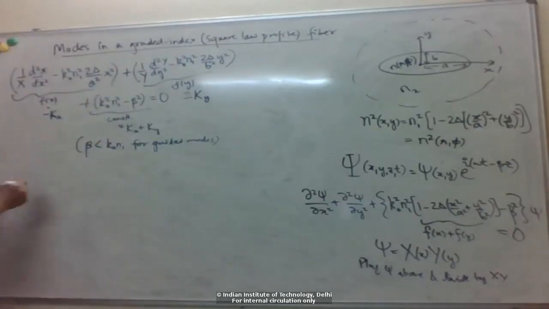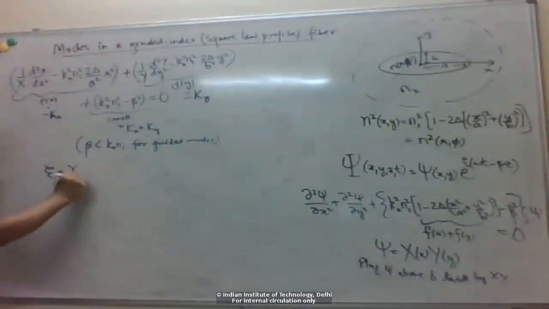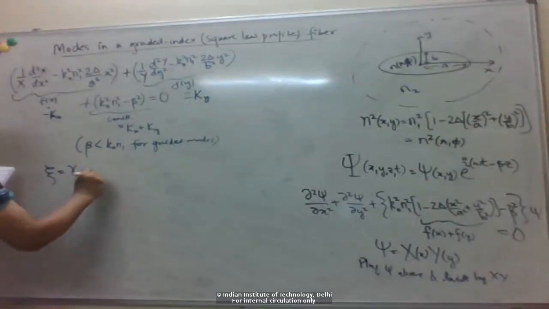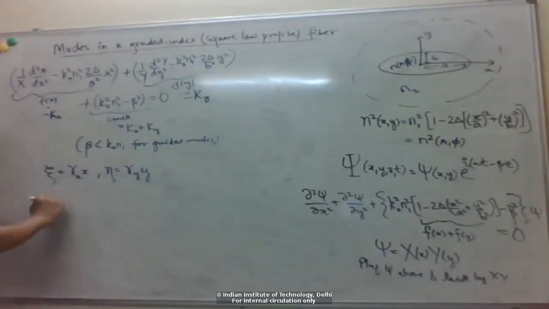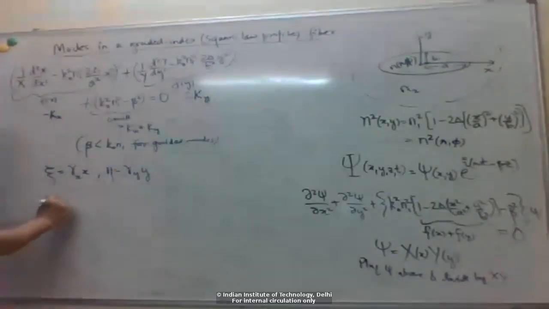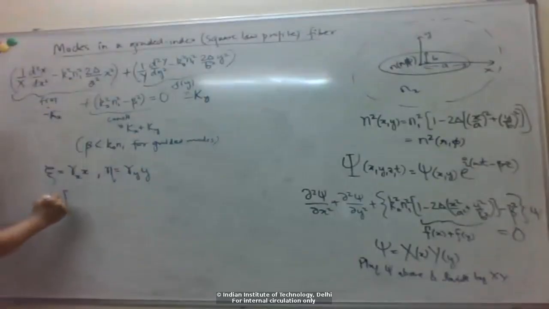So again we can solve it the same way. First do a change of variables to normalize things. Because you can see with x here we have this term.